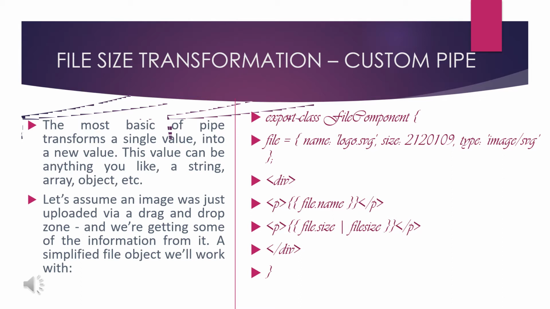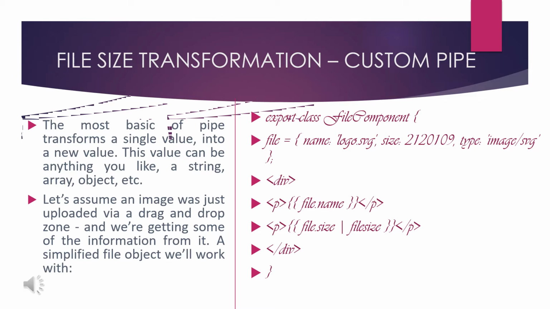The file name will be derived from the file, so it will be logo.svg, and the size would be 2120109. That will be output two times. We are doing this in a pipe for transforming and consuming this file name and file size. In the next slide we are going to see that.